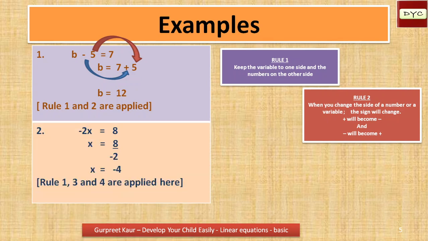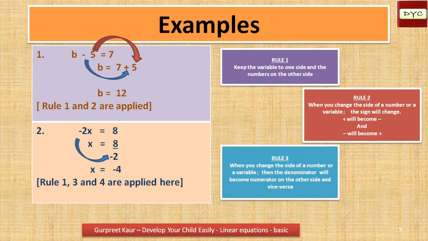Now let's take one more example. Now here is the rule of multiplication and division. Situation is minus 2x is equal to 8. Now what will happen? 2 is in the case of numerator. So when I will take it on the other side, it will become denominator. So it will go on the lower side or the denominator part.